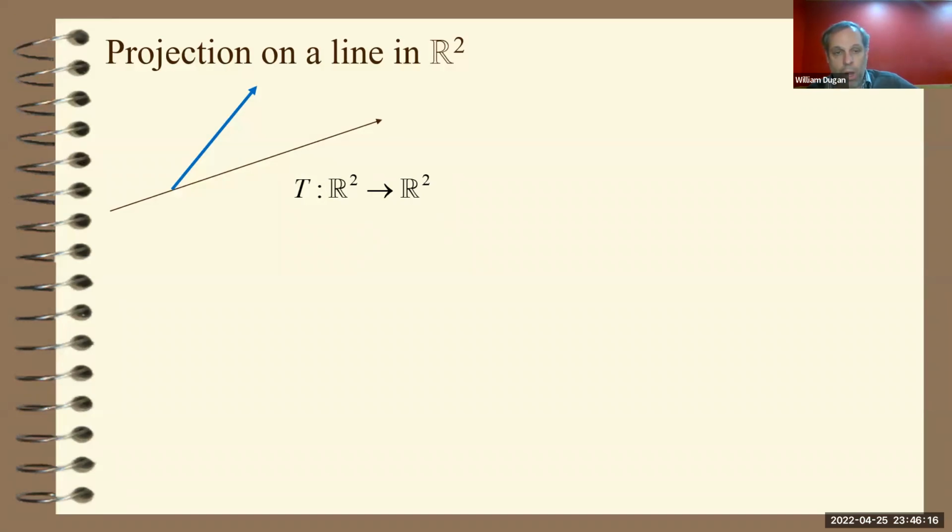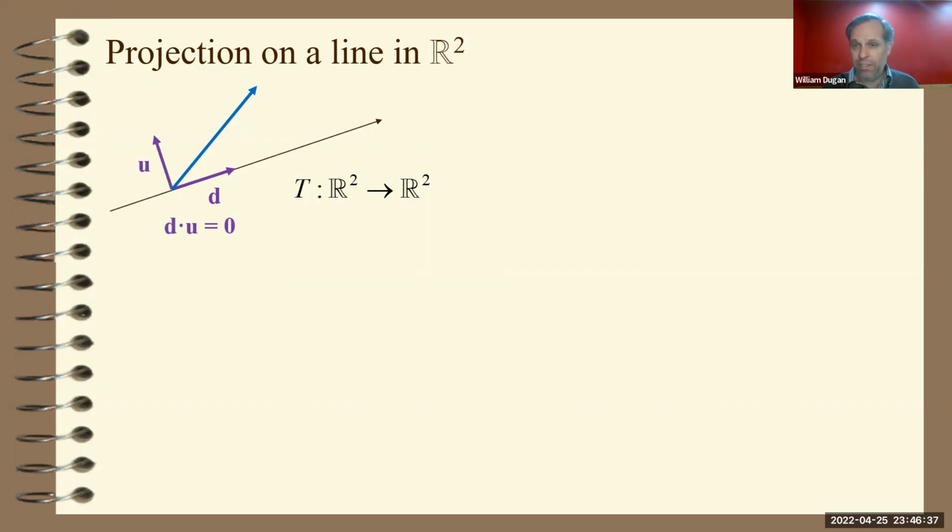So I want to know, how do I find a transformation that will map everything to a projection on a line, where the line goes through the origin? To do that, I need a vector that describes the direction of the line. We'll call that D, like always, the direction vector. And I need a vector orthogonal to it, because I need a basis for R2.